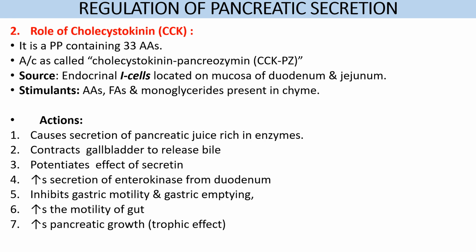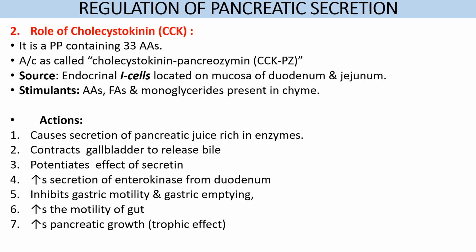The second gastrointestinal hormone that regulates pancreatic secretion is cholecystokinin. It is secreted by the I cells of the mucosa of the duodenum and jejunum. The presence of amino acids, fatty acids, monoglycerides in the small intestinal chyme will stimulate I cells to release cholecystokinin.